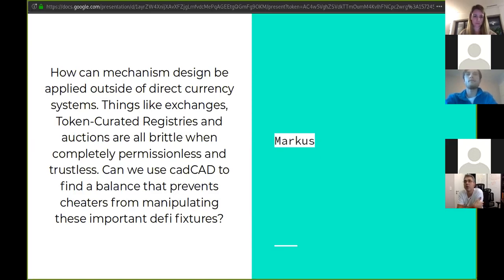So we're never going to predict how a system is going to behave using cadCAD. What we're seeing is, under a set of different assumptions regarding user behaviors and internal system design, how would the system behave, right?